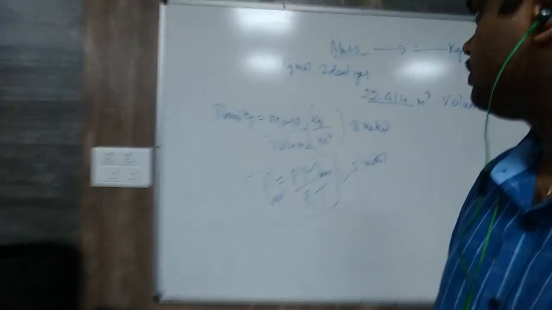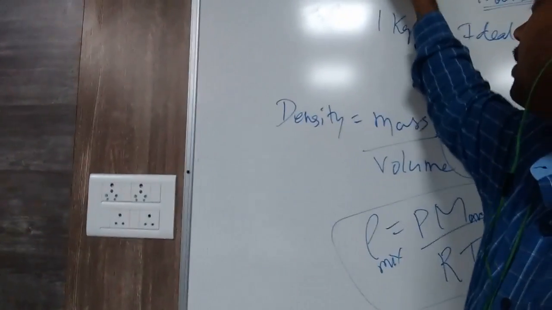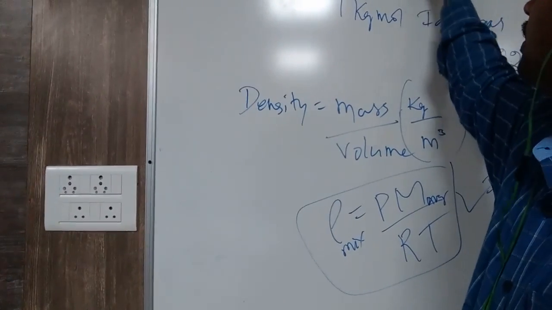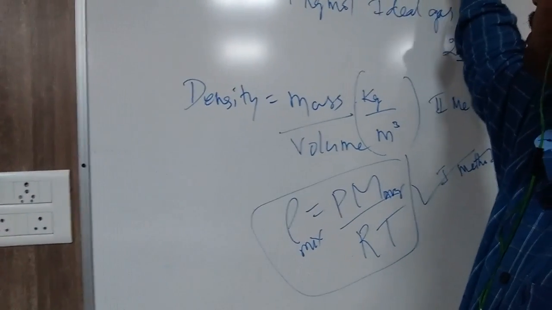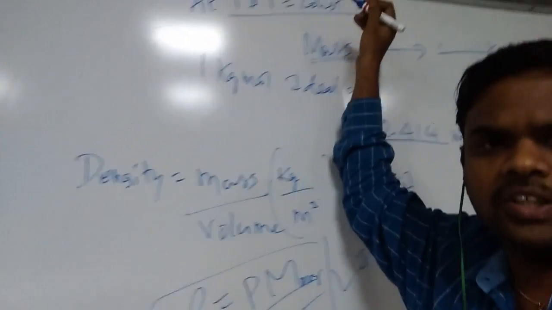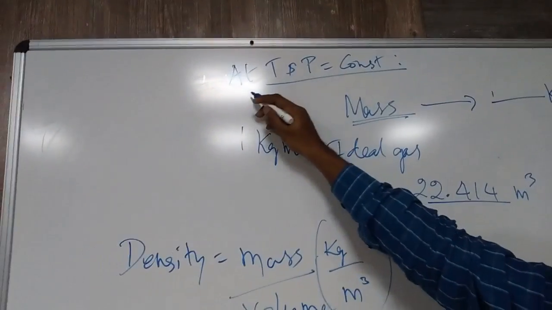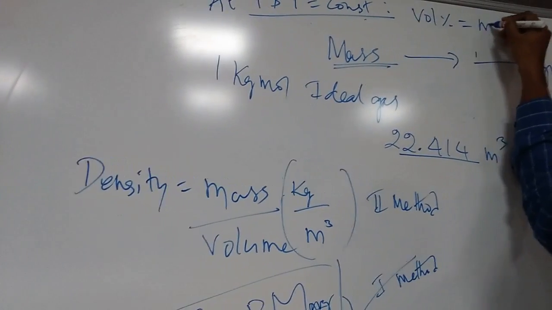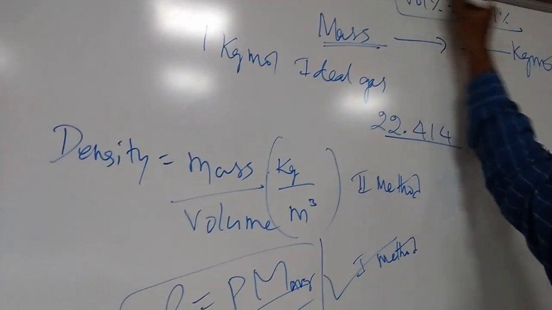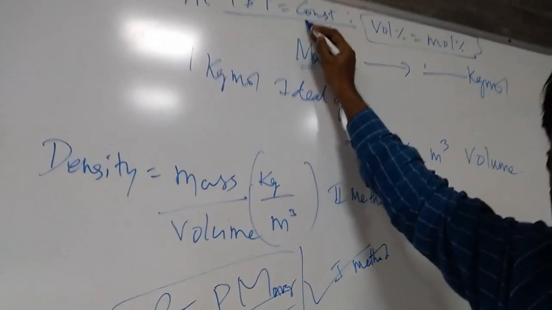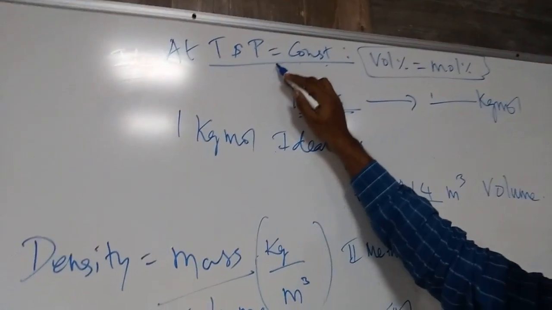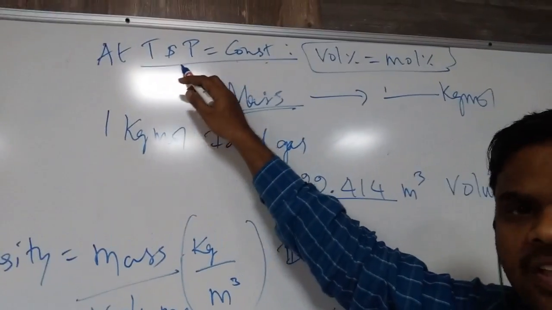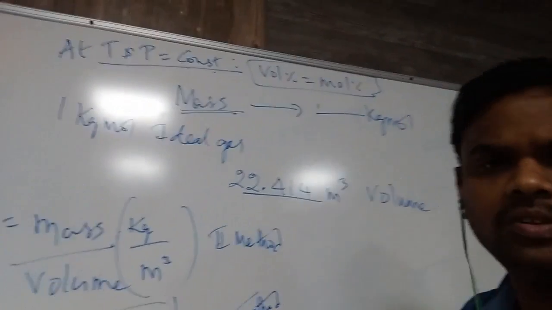Another important point you should know is that at the same temperature and pressure, volume percentage is equal to mole percentage for gases. For ideal gas mixtures, at the same temperature and pressure, volume percentage is equal to mole percentage.